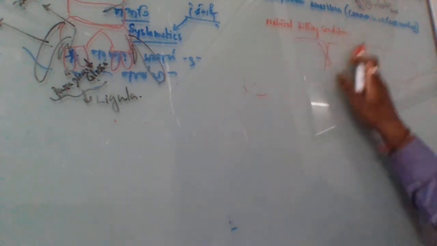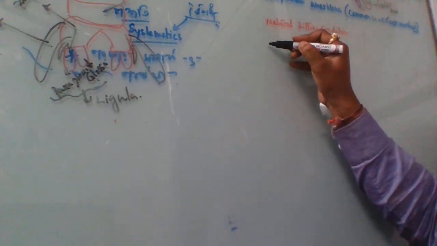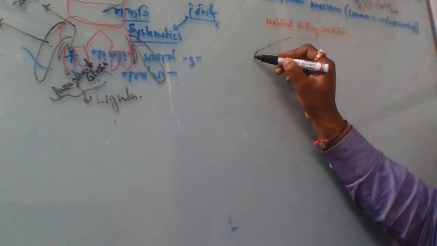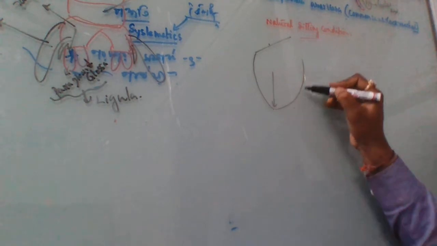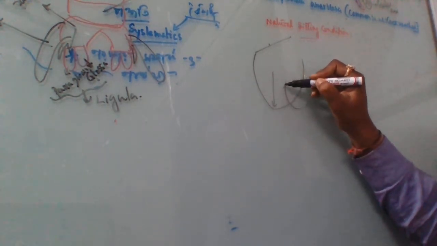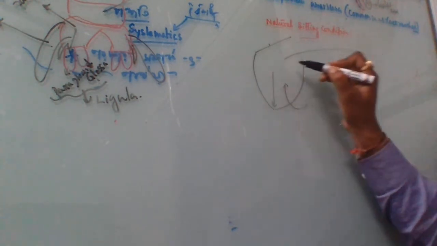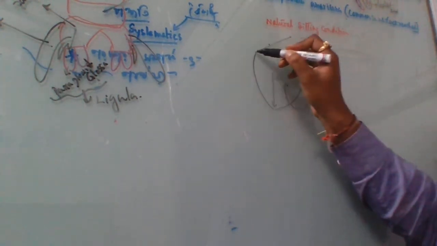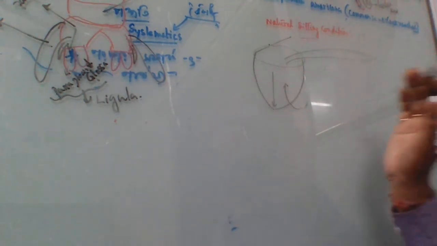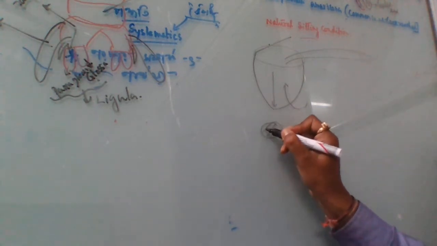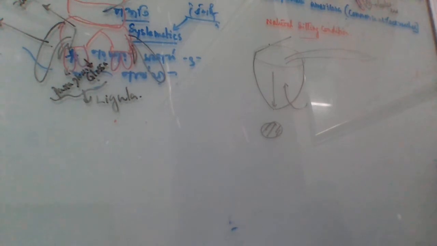For the discussion of mouth parts, you cannot see the 3D view, but you must think that some parts are moving in this direction, and some parts help to drag, because from here the insect has the neck portion and this is the head portion.